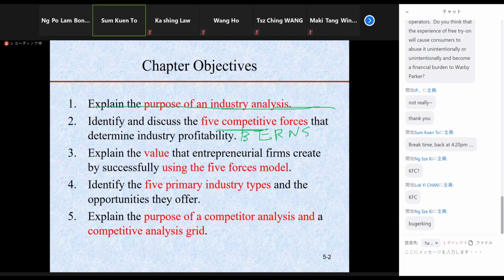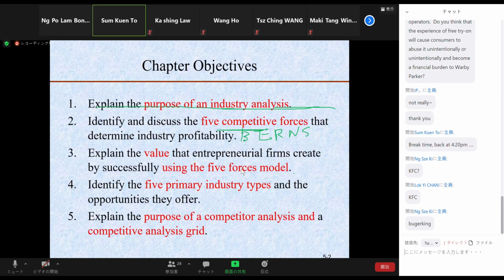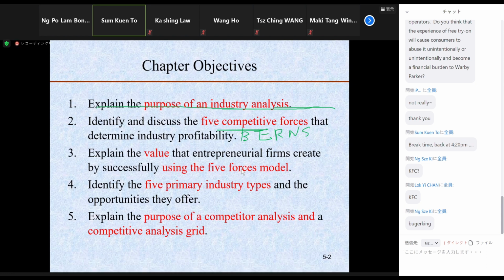All right, so after we finish talking about what we cover, now I will go to the last two parts, the remaining 30% of the PowerPoint slides. Item number 4, which we talk about the 5 industry.